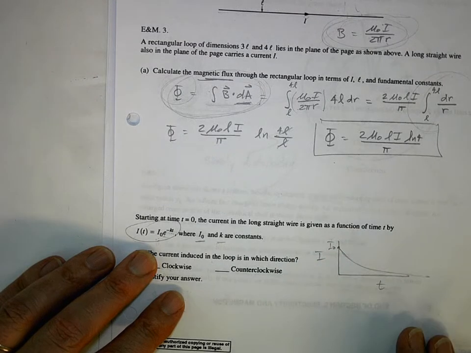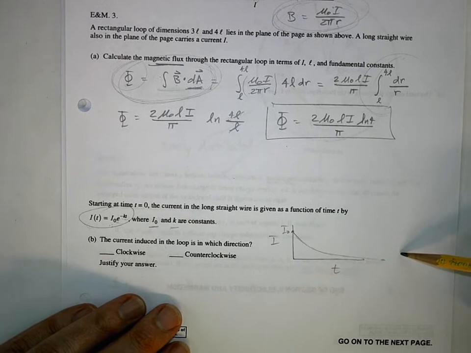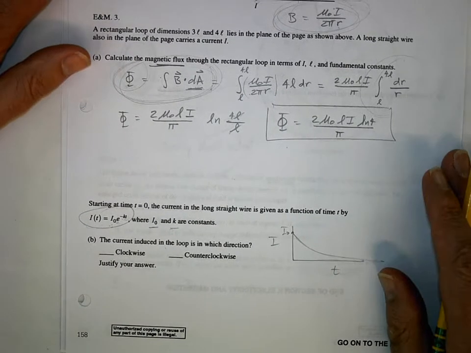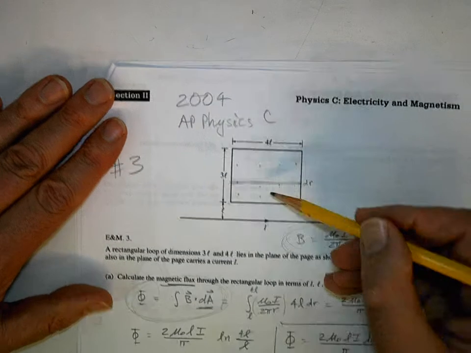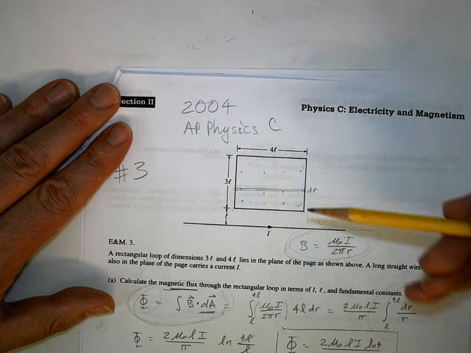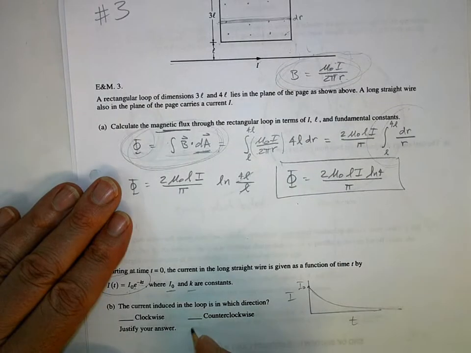Now what does that mean? Well, if the current is going to 0, that means the magnetic field is going to 0, which means that this magnetic flux in here is getting less and less and less. So, justify your answer.